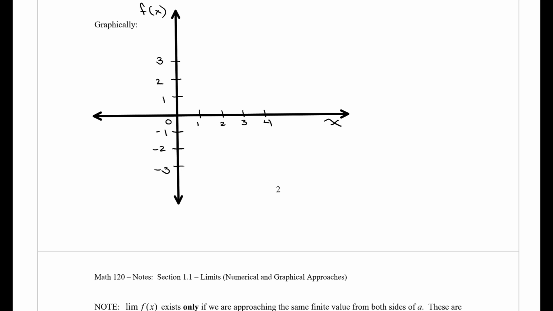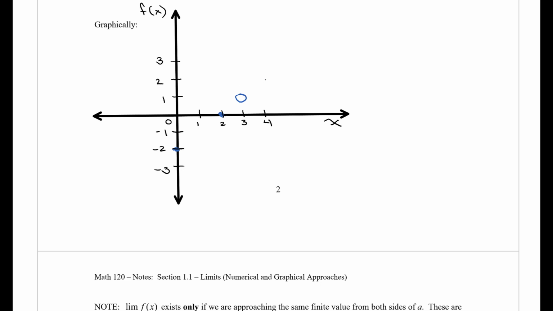I'm going to draw the y-intercept here at 0, -2. And I'm going to draw the x-intercept here at 2, 0. There is going to be a hole at 3, 1. And then I'm going to draw another point here at 4, 2.